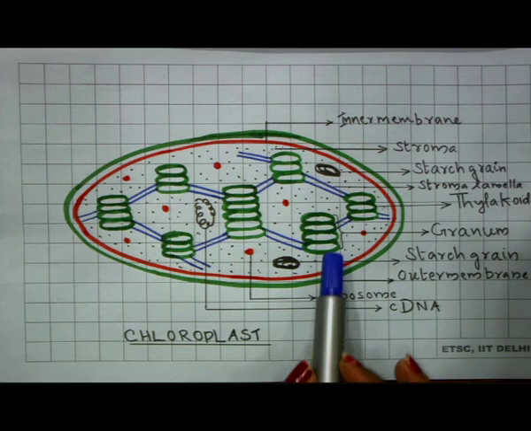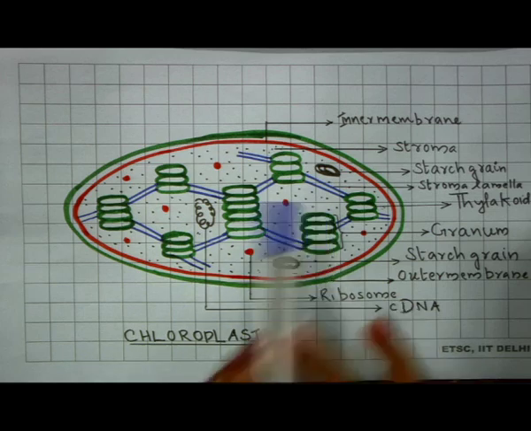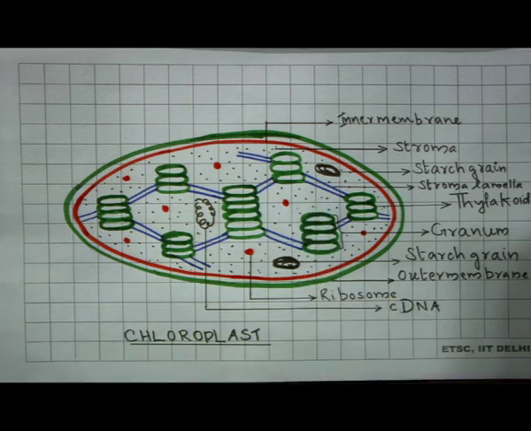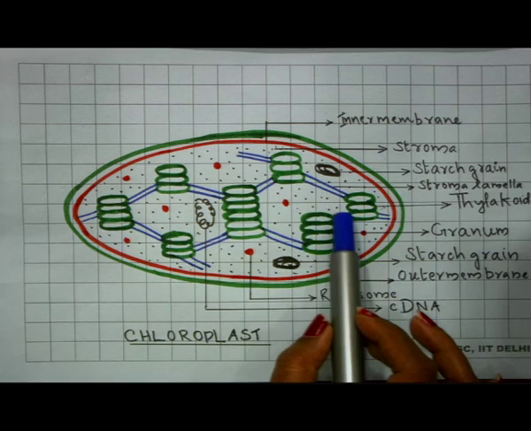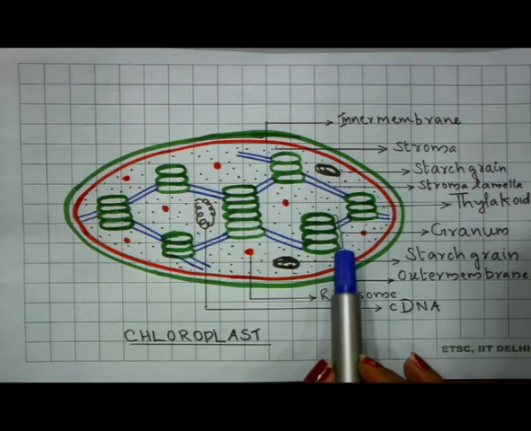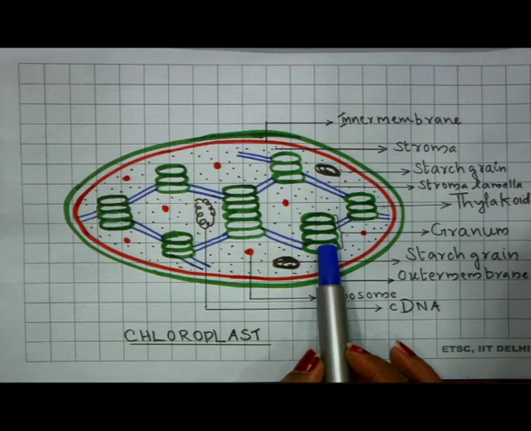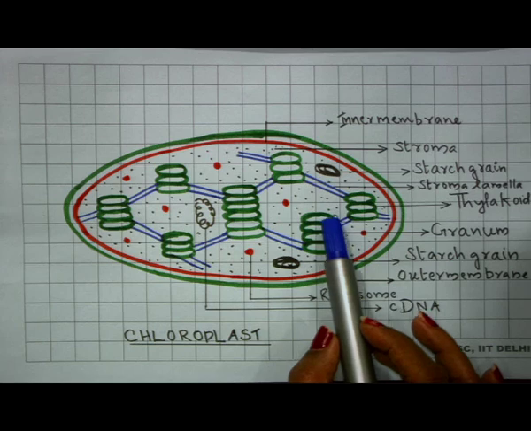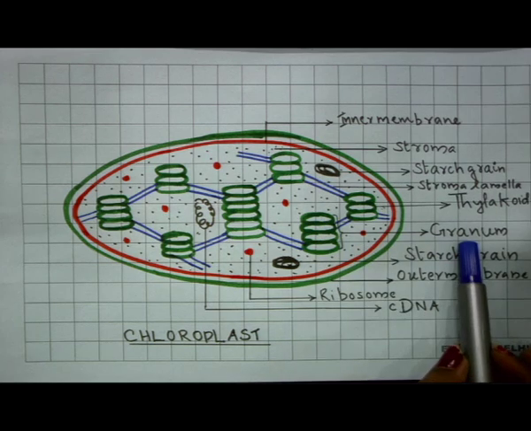And see, these thylakoids are arranged one above the other, just like that of a pile of coins, and this particular single whole structure obtained by placing the thylakoids one above the other, that structure we will call it as granum. You can see here in the diagram granum.